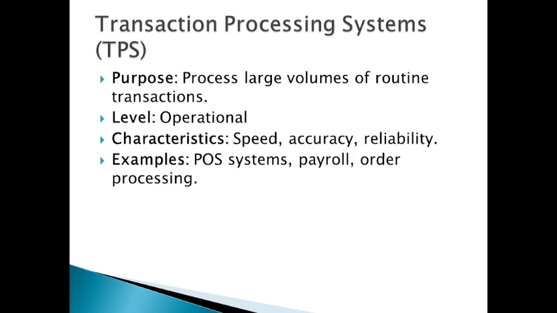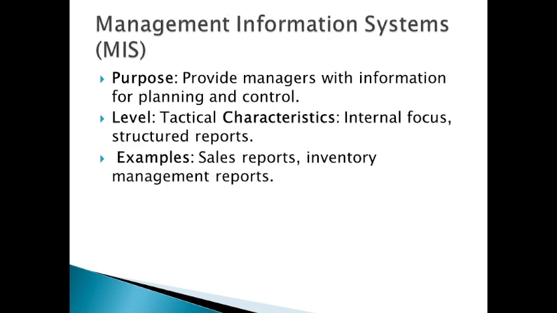The second category is the management information systems. MIS takes the data generated by TPS and turns it into information that managers can use for planning, controlling, and decision making. The purpose is to provide managers with structured information in the form of reports and summaries.